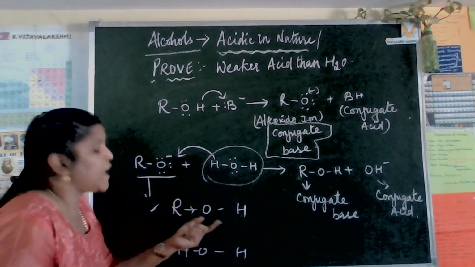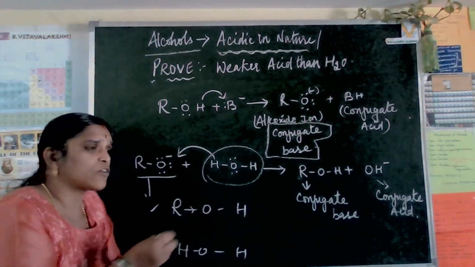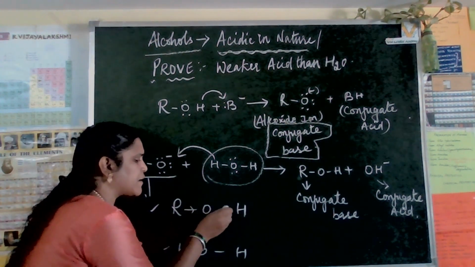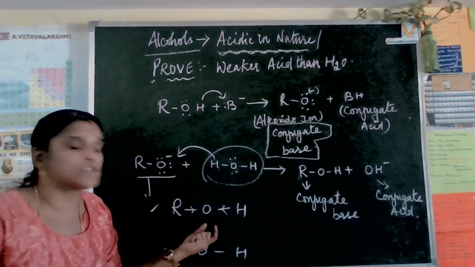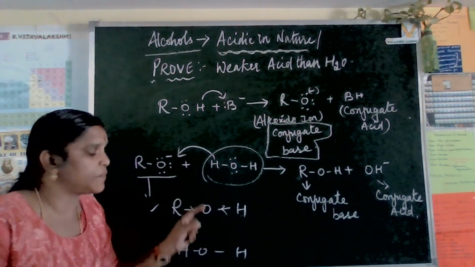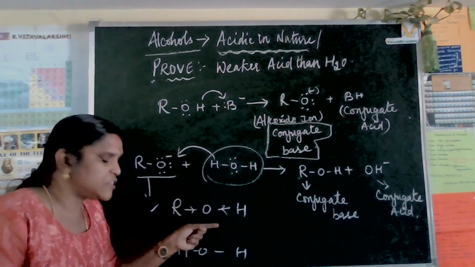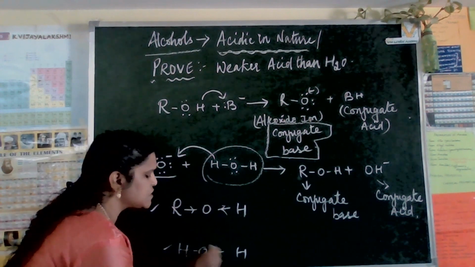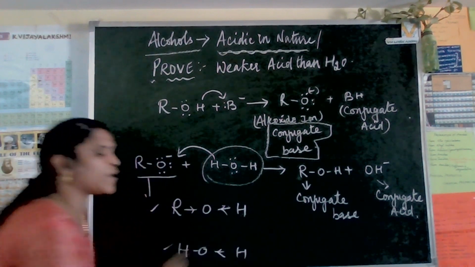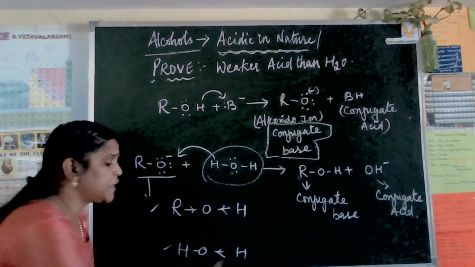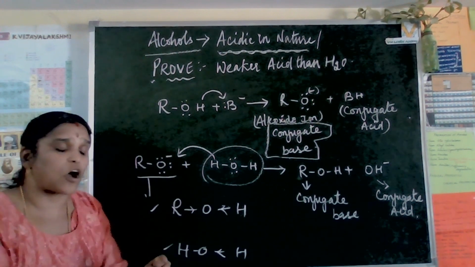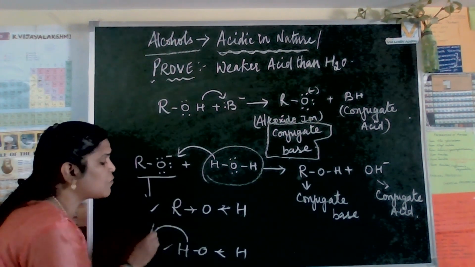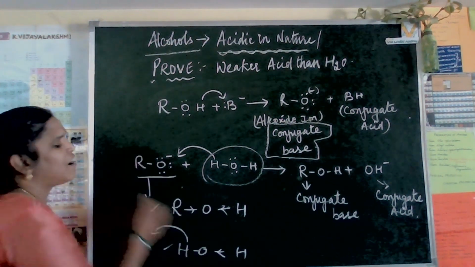In the same way, oxygen is pulling the electron from that hydrogen, right? So on both sides, the electron density is stronger on the oxygen atom. When we compare, in water the oxygen pulls towards itself from that hydrogen, so the hydrogen-oxygen bond is more polarized and it is ready to donate one proton to the alcohol.